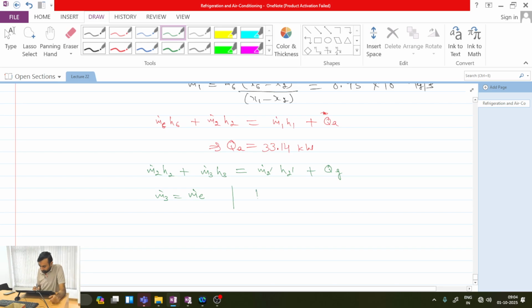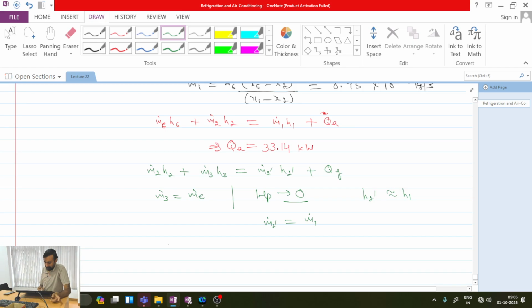Now let us assume pump work is negligible. If pump work is negligible, then H2 dash will be equal to H1. Yes. Pump work is H2 dash minus H1. So pump work is negligible, it means H2 dash is equal to H1. Okay. Now after this, what will I be getting? And m2 dash is nothing but equal to m1 dot. Okay.